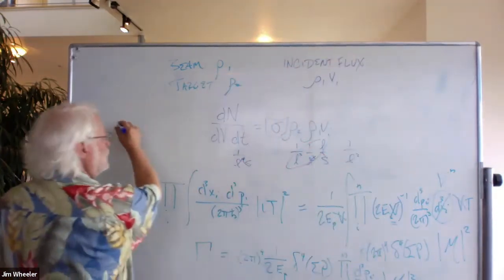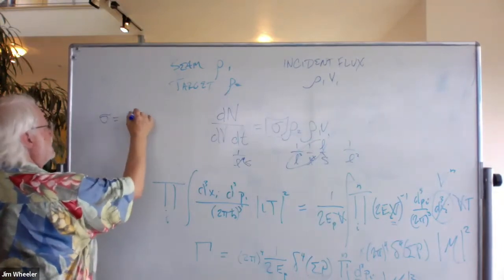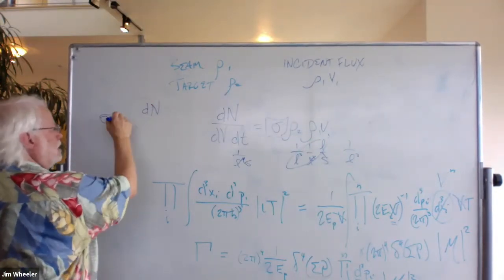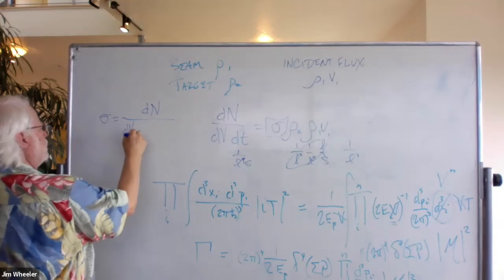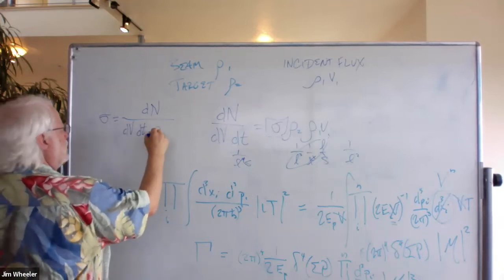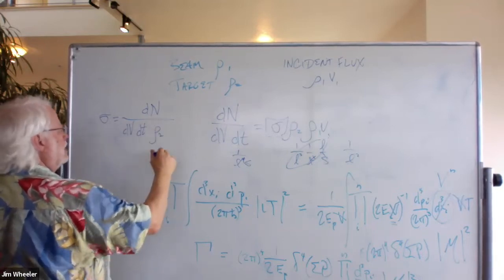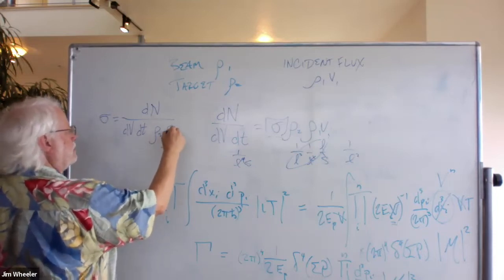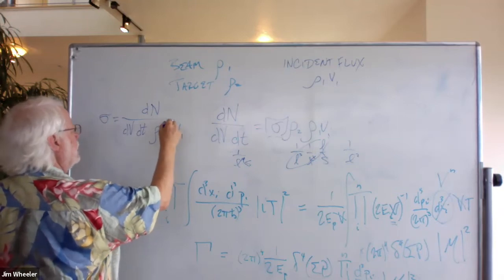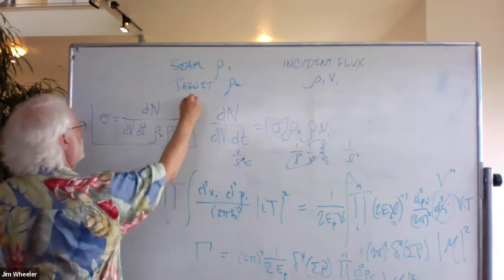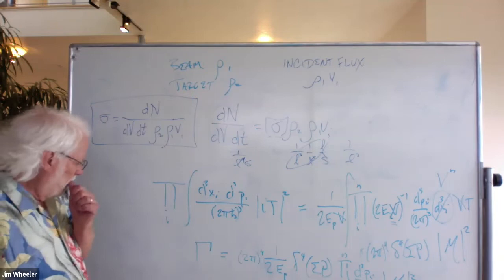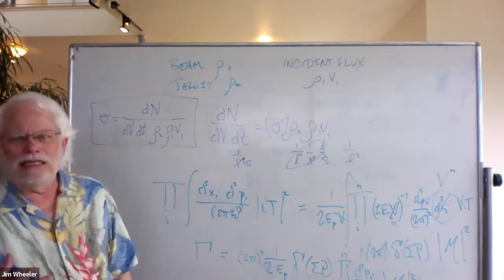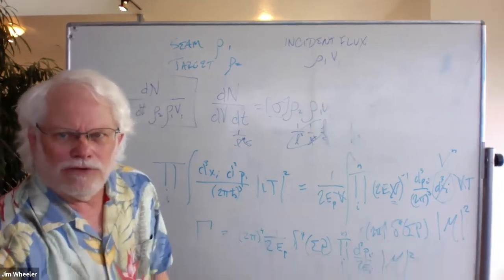So the cross section is just the number of scatters per unit volume per unit time, divided by the number density of target particles times the incident flux of particles. And now we have written this in the rest frame of the target particle.